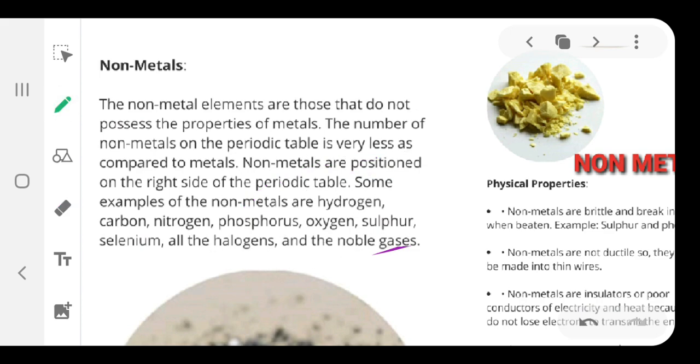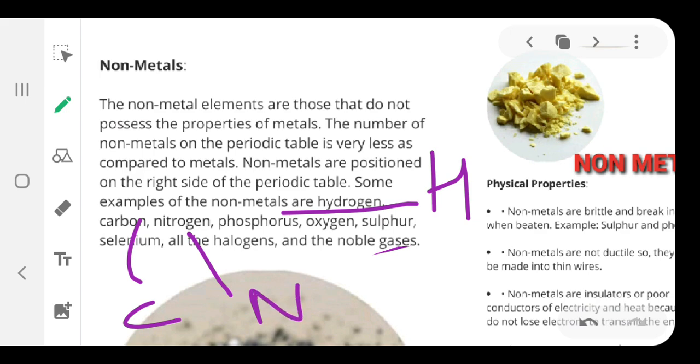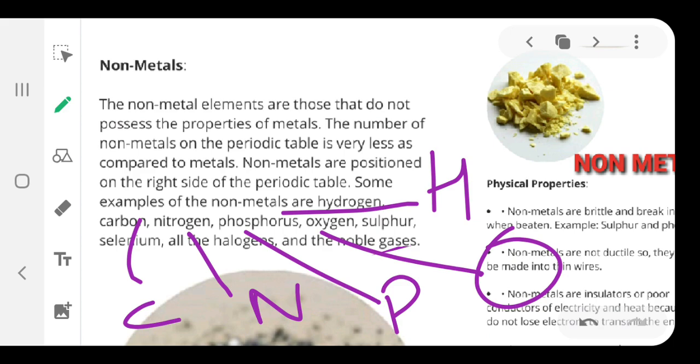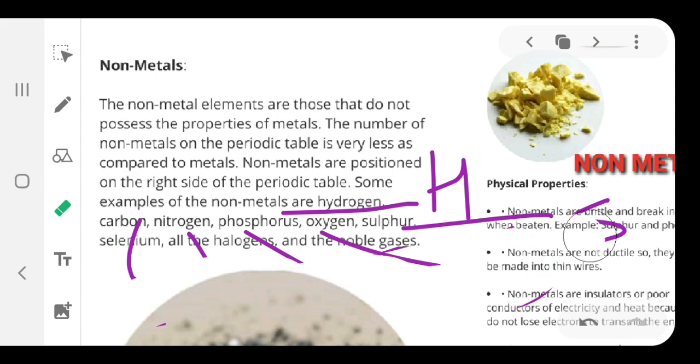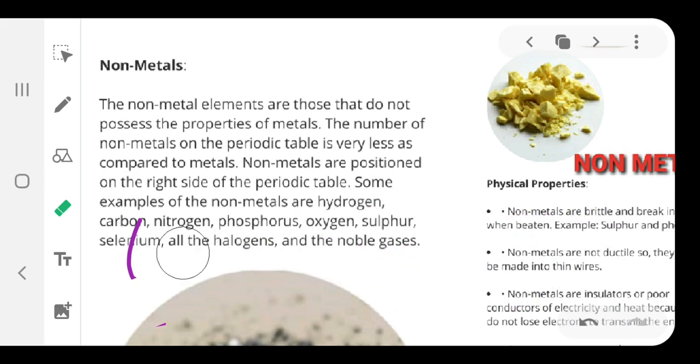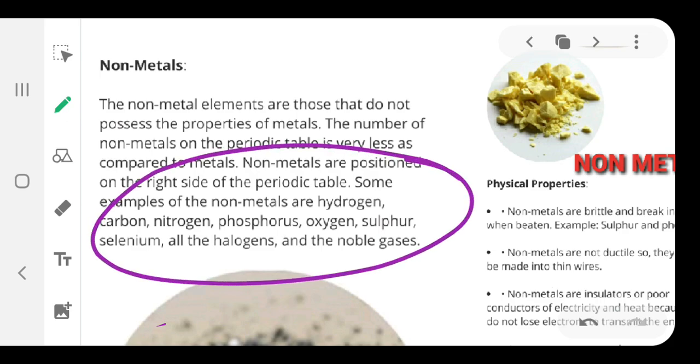Some of the non-metals shown here are hydrogen, the symbol for it is H. Then carbon is C. Nitrogen is N. Phosphorus is P. Oxygen is O. Sulfur is S. So these names should be known to you, because these are the common non-metals we are going to use in our respective lessons. So please read them properly, because these are the examples of non-metals.